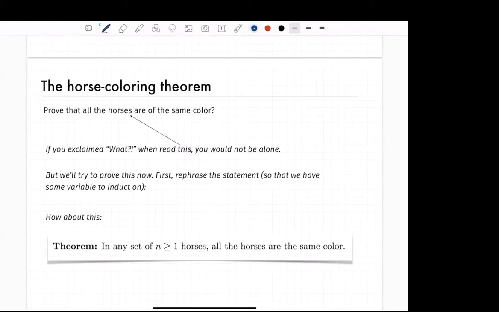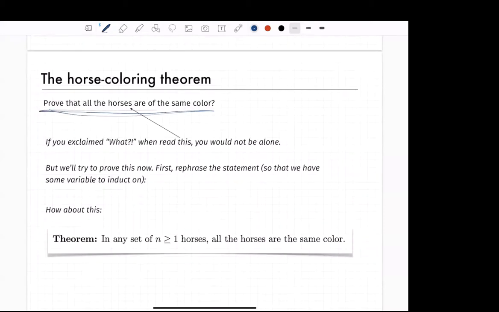First of all, let's prove this. To prove something like this, first we have to rephrase this statement so that we have some variable n in there, so that we can say what our P(n) is and what it is that we're proving. So there's some variable that we can induct on, some n that we can talk about.